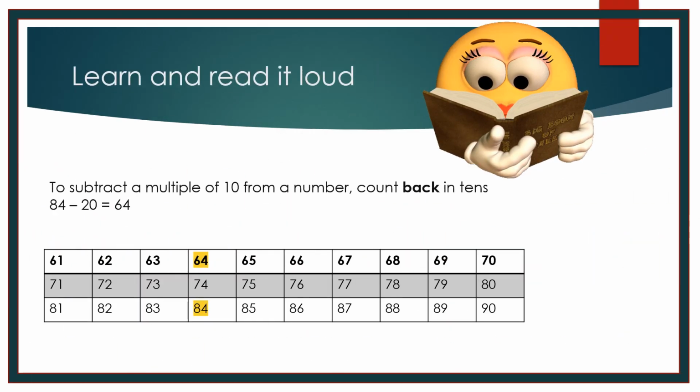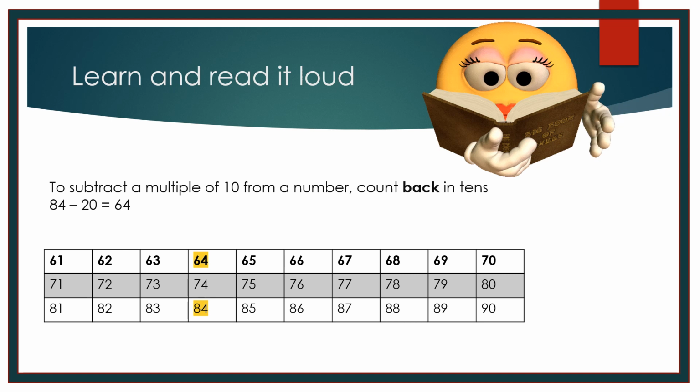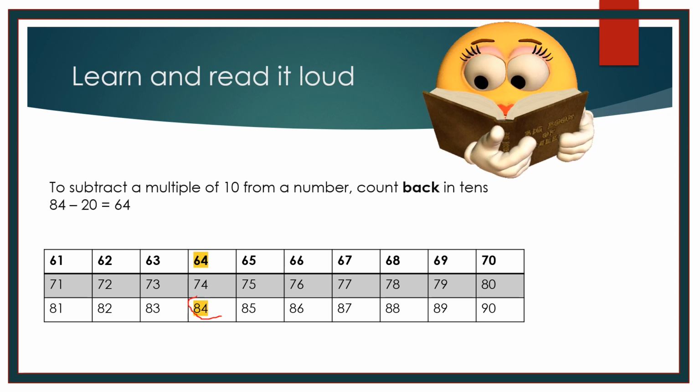On the opposite of that, to subtract a multiple of 10 from a number, count back in tens. I repeat, to subtract a multiple of 10 from a number, count back in tens. Here in the example, we are on 84.